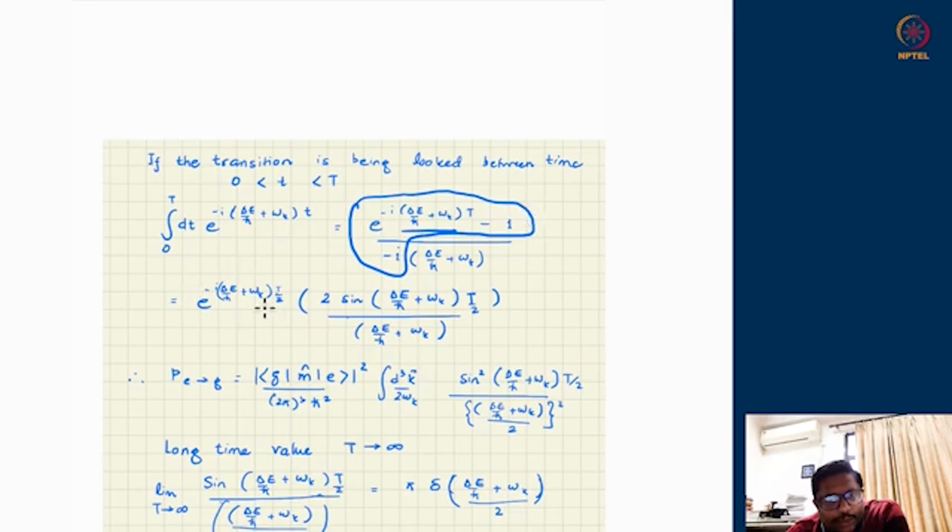Whatever I pull out as a factor, its opposite is put at the second place to reproduce the 1. Downstairs I have a minus iota, and according to that analysis I will get twice sine of delta E upon h bar plus omega k times T by 2. So pulling out this exponential with half the phase factor gives me a sine in the numerator, and the denominator's minus iota goes into the definition of the sine. All I am left with in the denominator is delta E upon h bar plus omega k.